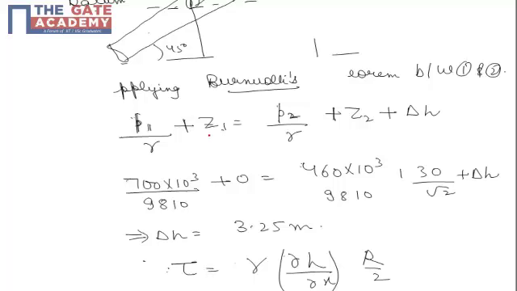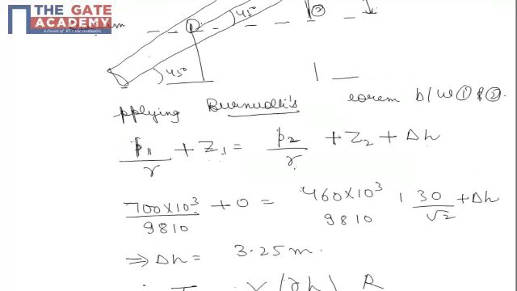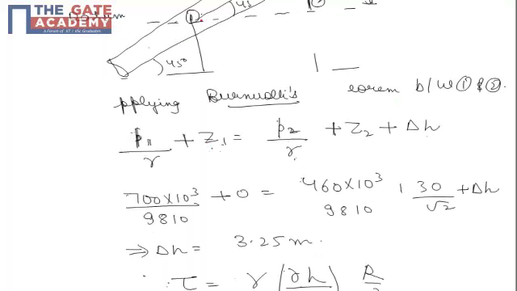So P1 by gamma plus Z1 is equal to P2 by gamma plus Z2 plus delta H, where this is point 2 under consideration. So Z2 is 30 by root 2 meter and Z1 is 0 because it is lying on the datum that we have selected. So just putting all the things in Newton per meter square, we end up with delta H as 3.25 meter.